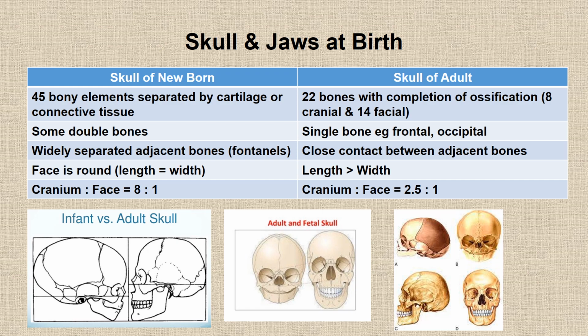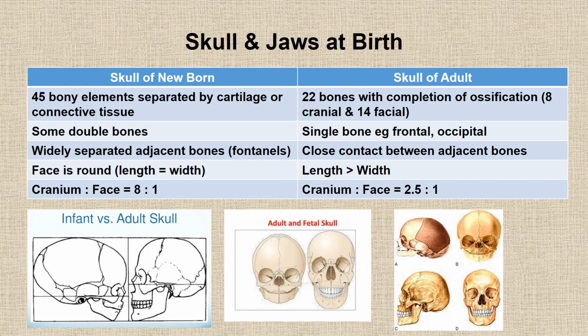Now, the face of a newborn is round, whereby the length is roughly equal to the width. In the skull of an adult, the length of the skull is more than the width of the skull.